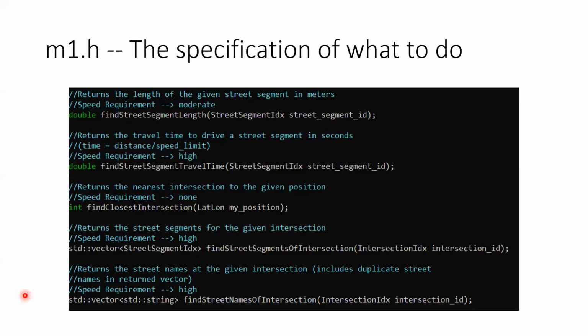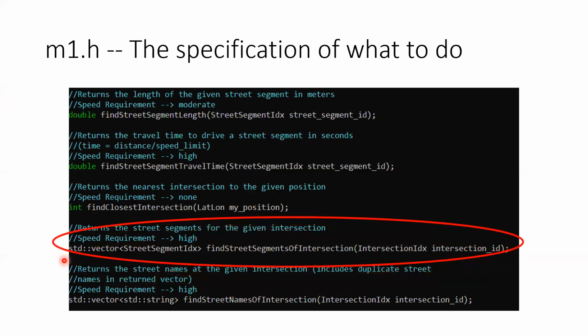So let's go to the m1.h and see which functions we will be working on. So all of the functions in m1.h are expected to be implemented. And in this tutorial, I will walk through writing this function with you, which returns the street segments for any given intersection. Find street segments of intersection.